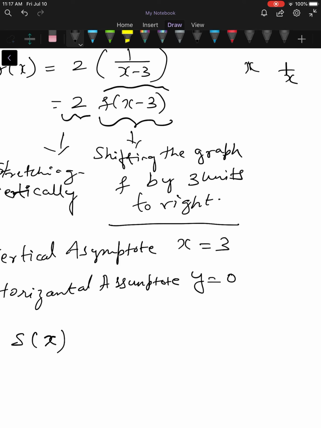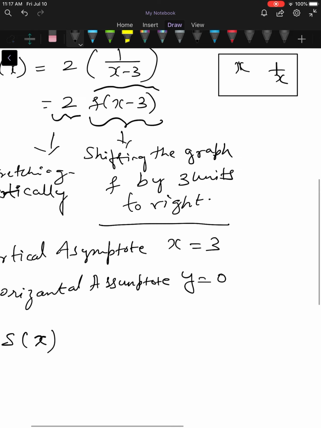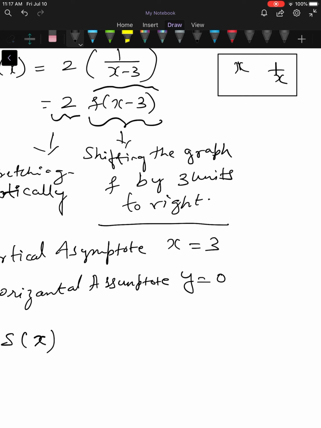So just alter the input values or alter the output values based on the original function, that is x and 1 over x. So find the table values and plot it. That is how you plot the rational functions, and you can state the domain and range after you plot the graph. You can see the graph and state the domain and the range.